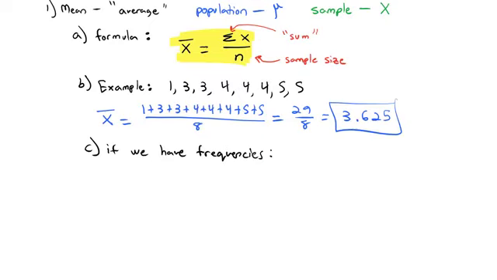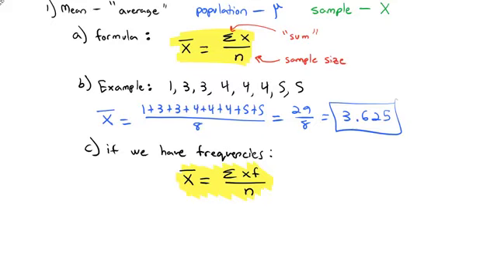But if we have frequencies given to us, where we know how often each number is used, the formula is going to tweak slightly. X bar is going to be equal to the sum of the x's times the frequency divided by the sample size. So if we have frequencies, we should know this formula.